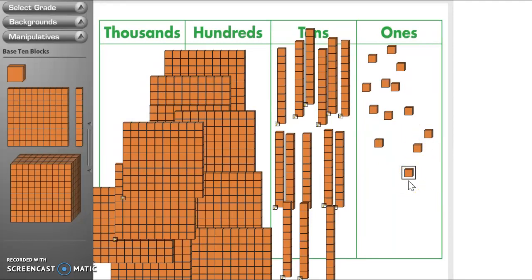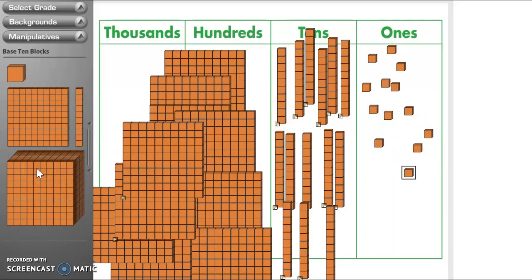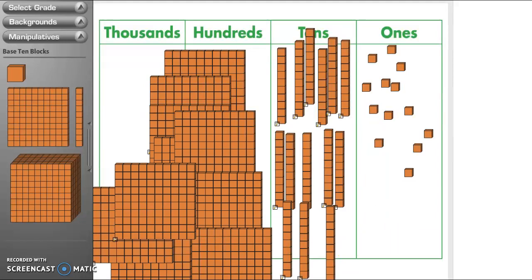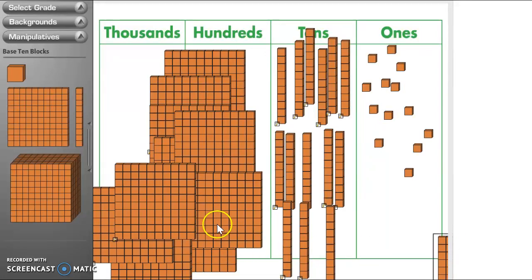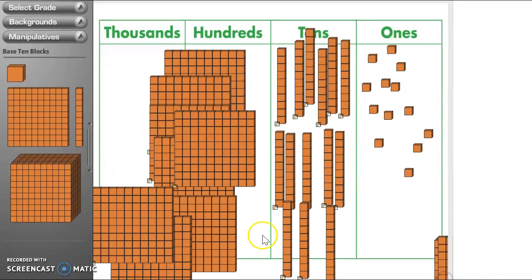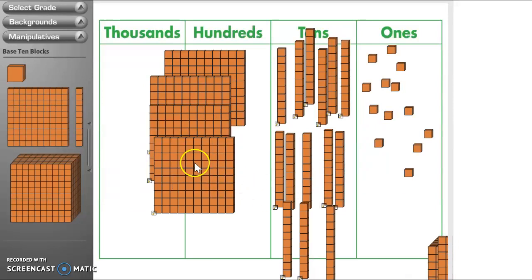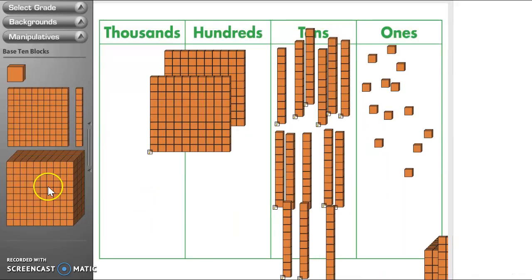For the sake of cleaning this up a bit, typically we would work our way from the ones column all the way to the thousands column in order to simplify, but I want to try to get rid of some of these hundreds here. So I'm going to count out 10 hundreds makes 1,000, so one group of 1,000. 1, 2, 3, 4, 5, 6, 7, 8, 9, 10.